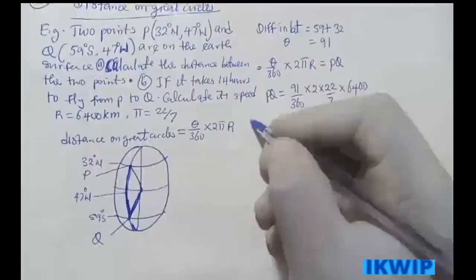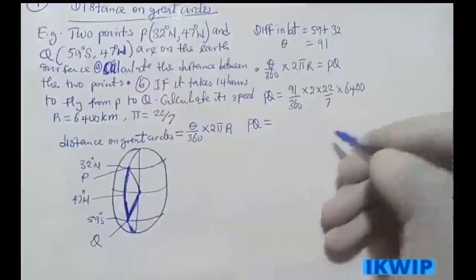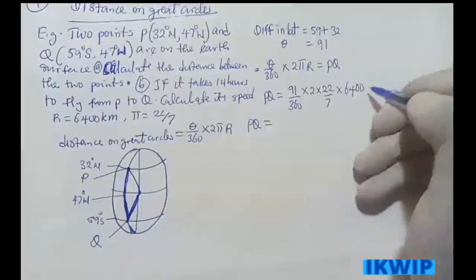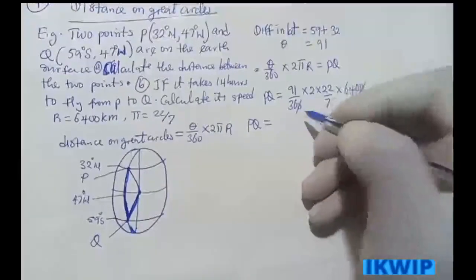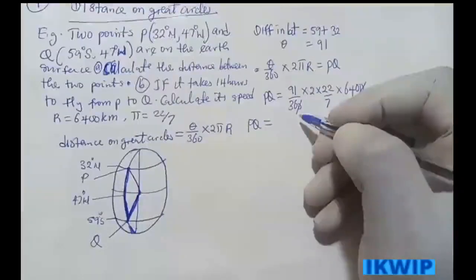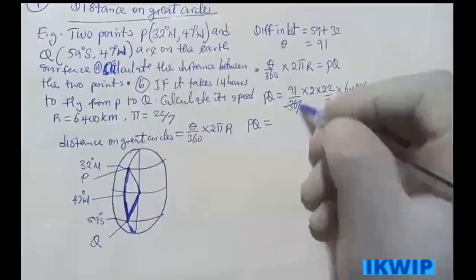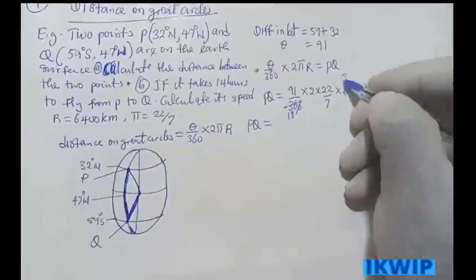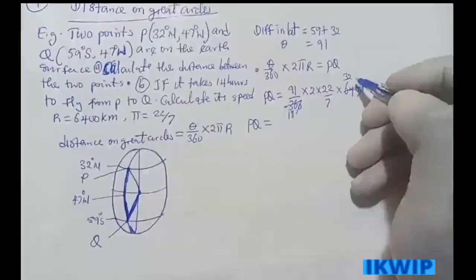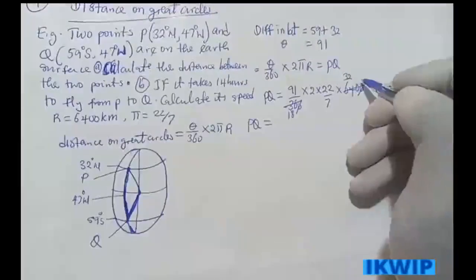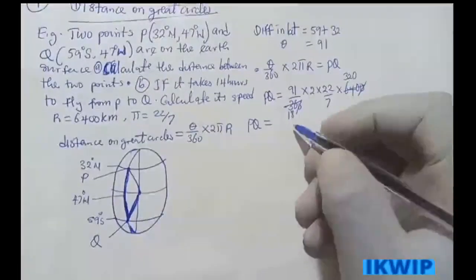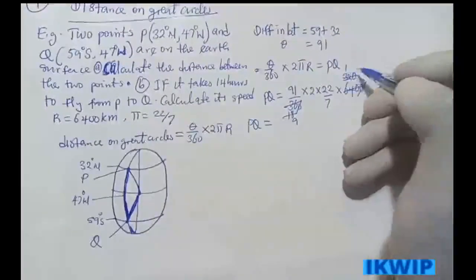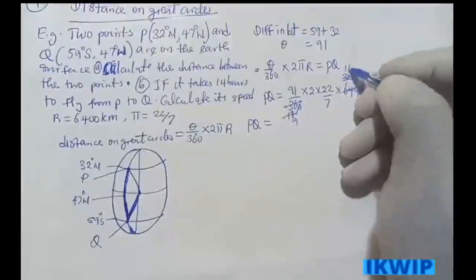So PQ equals, 2 here 18, 2 here 3, 20. 2 here 9, 2 here 1, 6, 0.